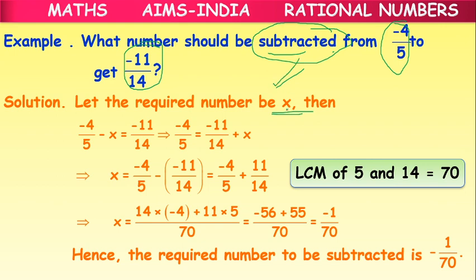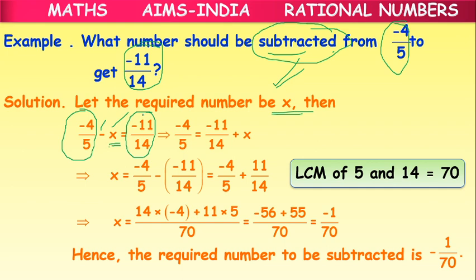From minus 4 by 5, x is to be subtracted, so that the result will be minus 11 by 14.